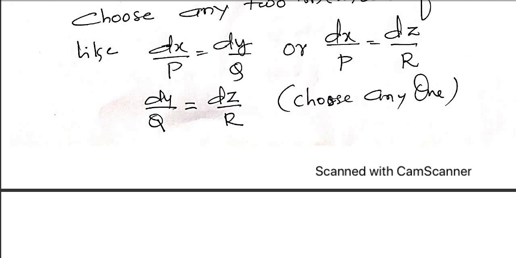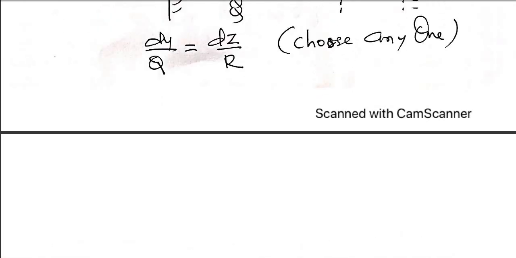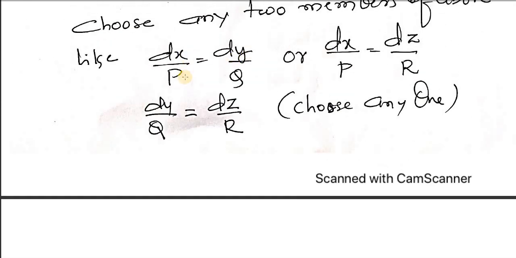After choosing, suppose I choose the first one, dx by p equals dy by q. Then I have to integrate this. Or suppose I choose the second pair, there also I have to integrate. Suppose I take the third pair, then also I have to integrate.